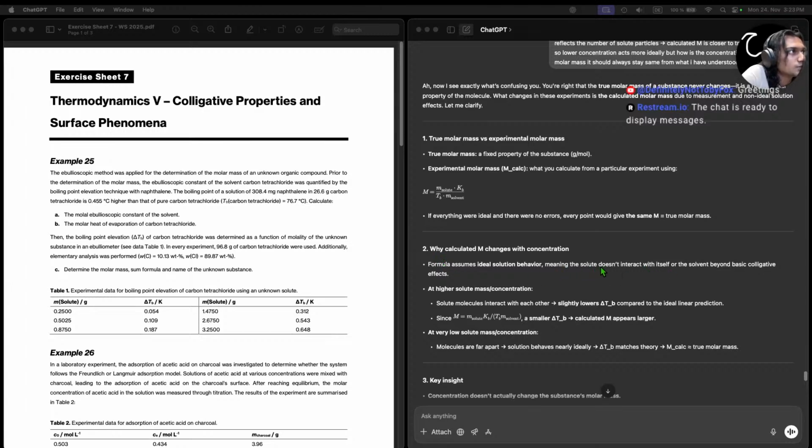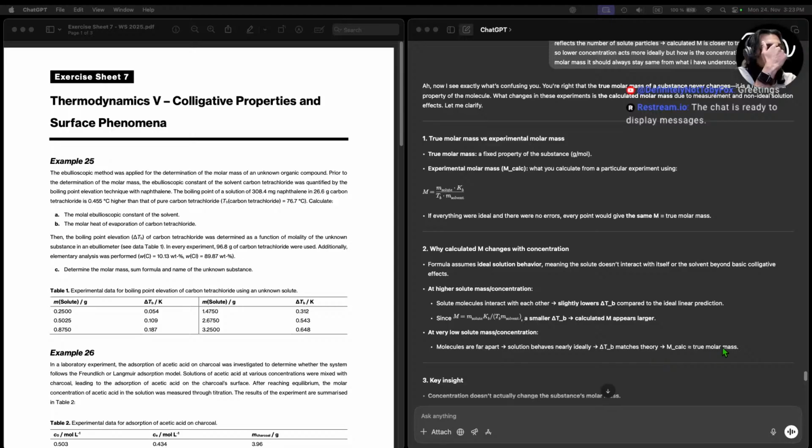Meaning the solute doesn't interact with itself or solvent beyond colligative effects. At higher solute mass or concentration, molecules interact. At very low concentration, molecules are far apart. The solution behaves nearly ideally. Delta T matches theory.